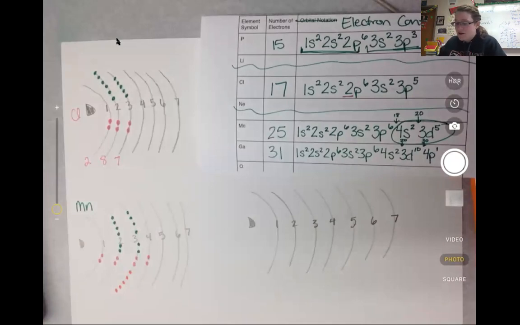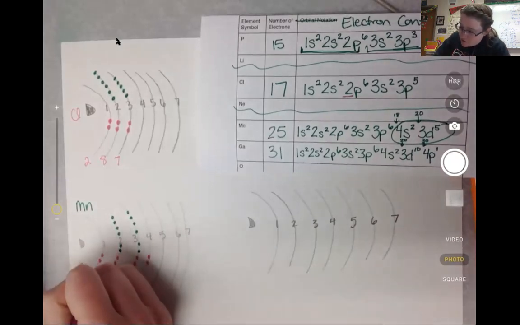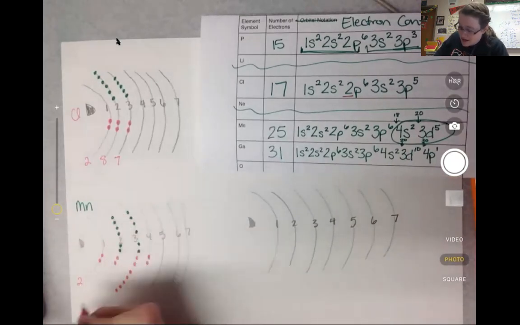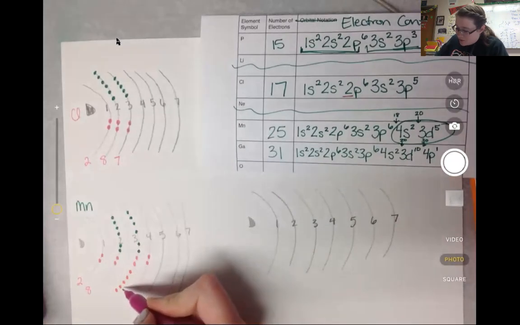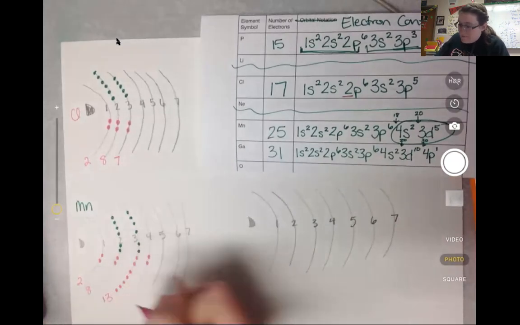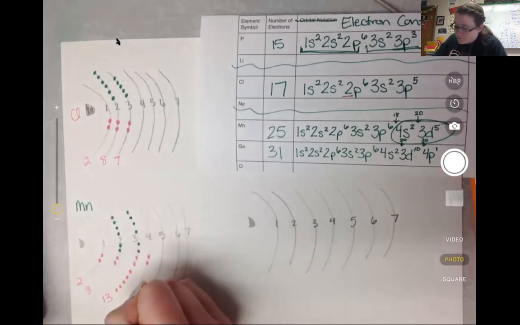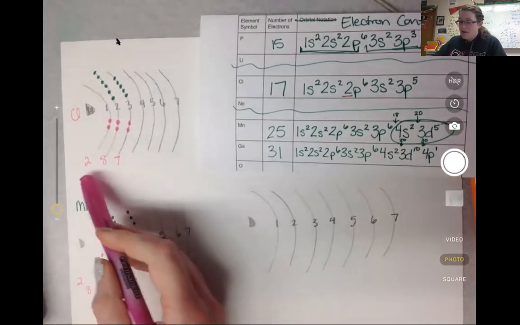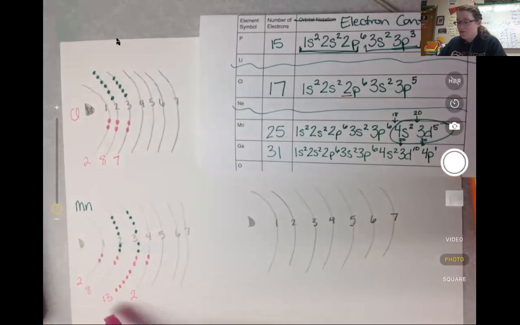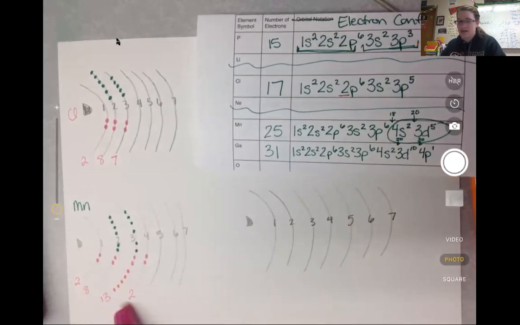Notice now that in the first energy level I have 2, then 8, then 2, 4, 6, 8, 10, 12, 13, and then 2. This is actually on our periodic table, which is really nice. Instead of drawing stuff out, we can look at these numbers.